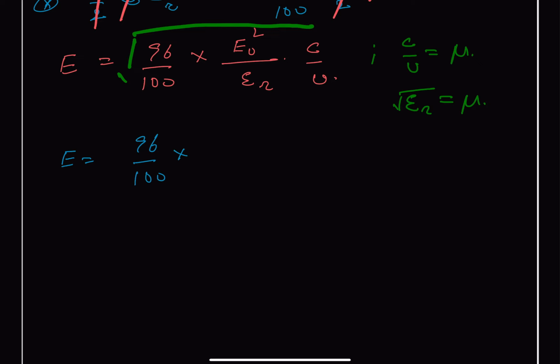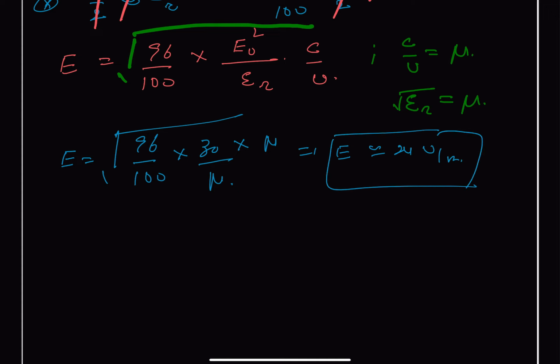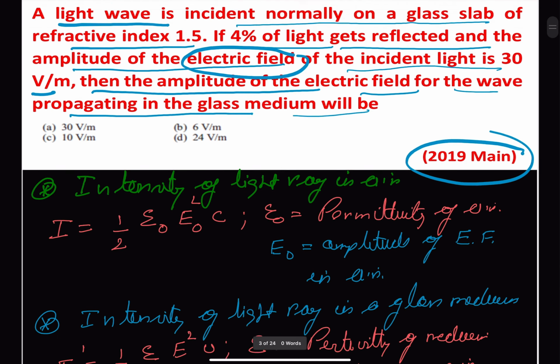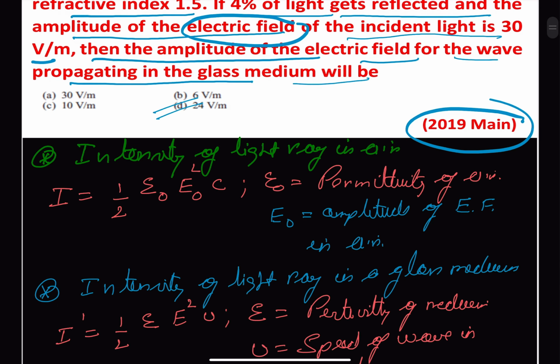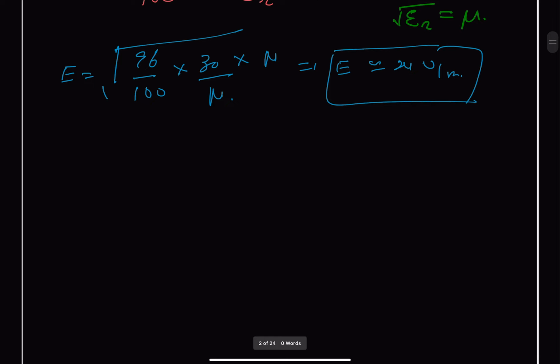E naught is given to us as 30, and this comes as mu upon mu and its square root. And from here this E comes approximately equal to 24 volt per meter. Therefore option D is the correct option.